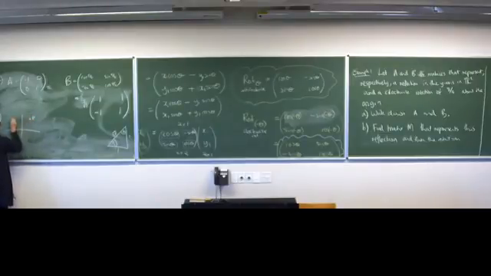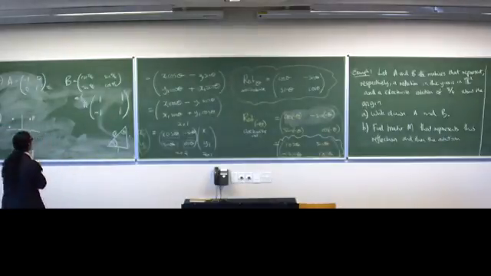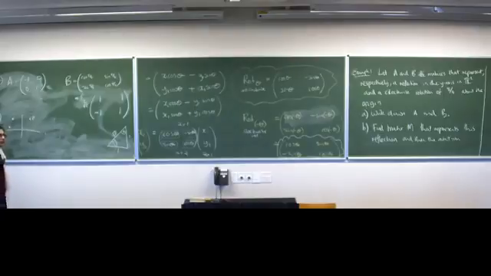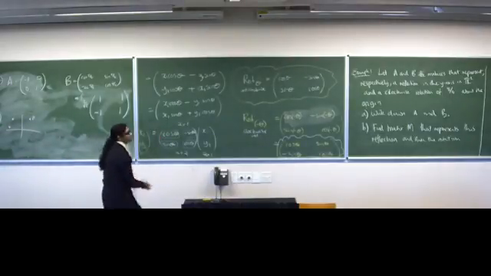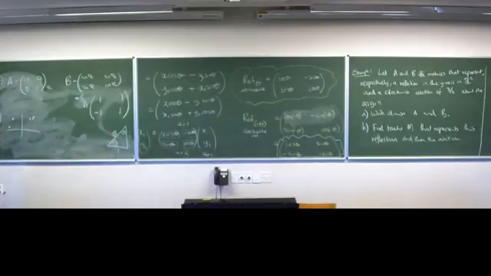We reflected it first in the y-axis, and then we rotated it clockwise by 45 degrees. So we're trying to find out what single matrix represents that operation. Now, we can do it graphically, but now we're going to show you linear algebraically.